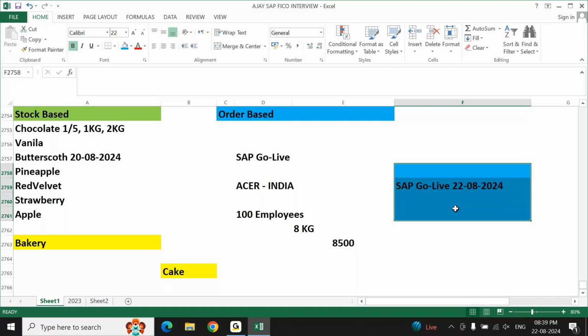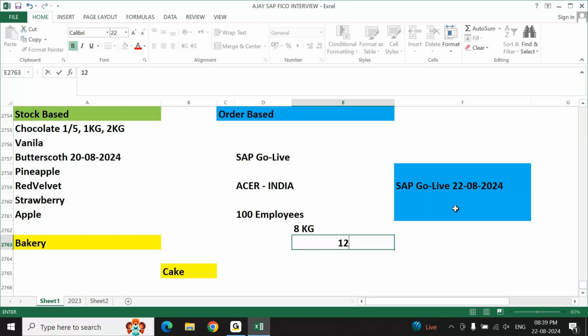I may say that if it is 2 days before, it is this much. If you are placing the order today and want it tomorrow, I will sell it to you, but I will charge 12,000, because I need to ask my staff to stay to prepare your cake now. For that, I need to pay them additional money. Possible or not? Possible, sir. Now here cost is increasing, cost is decreasing based on different factors or not? Yes, sir.